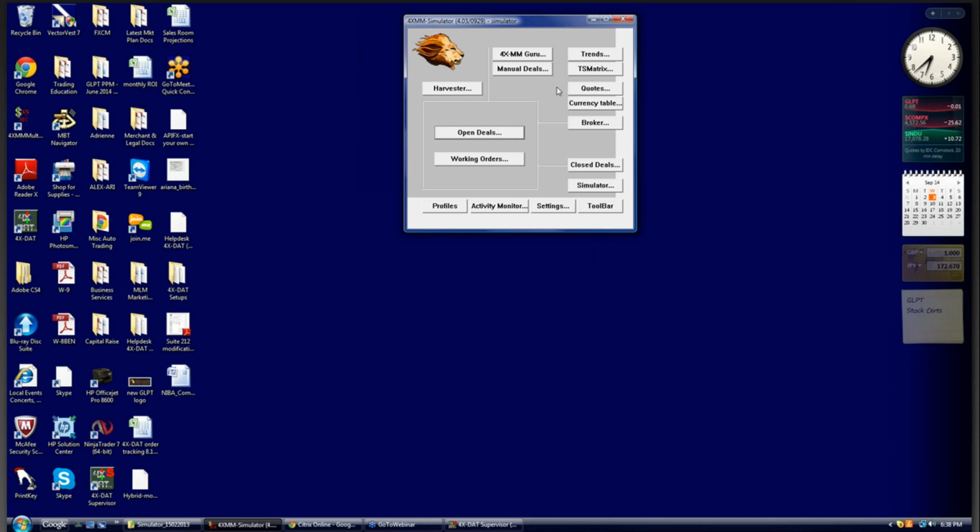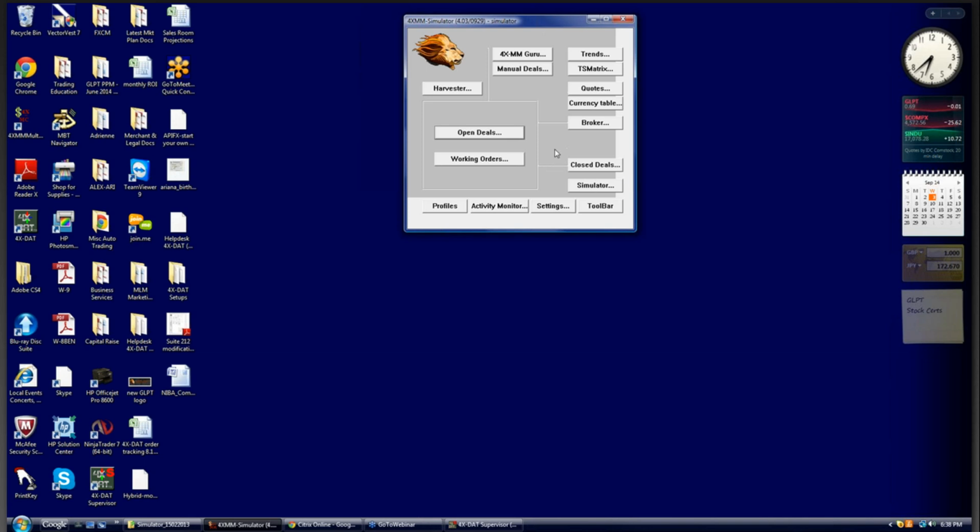Now, the only difference between this particular software and the one that everybody else has is this one button down here called the simulator. The simulator will allow me to feed data through the software very, very quickly, so that people can appreciate how the software does it.